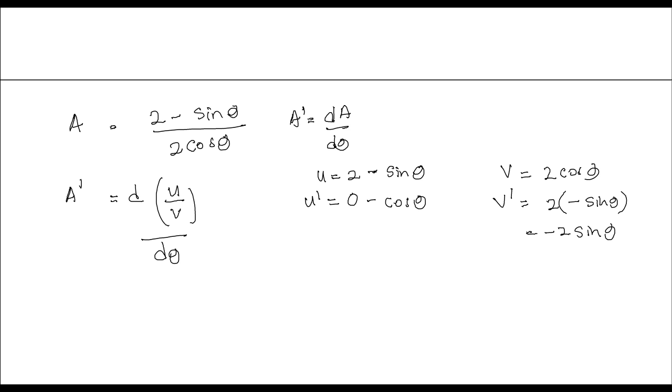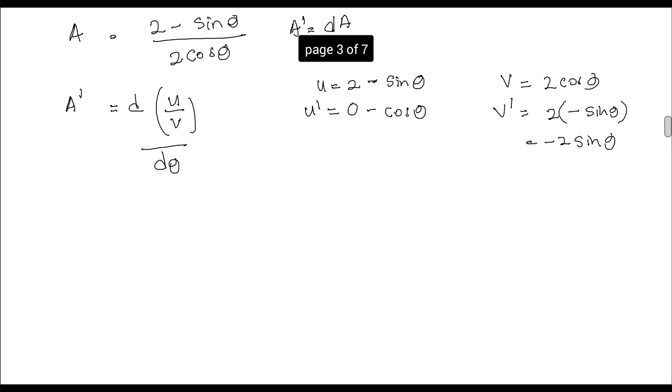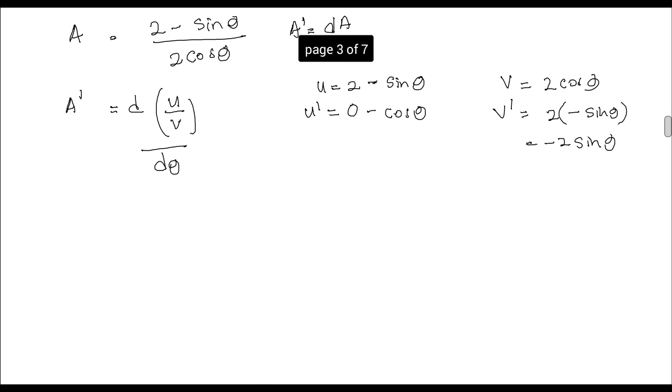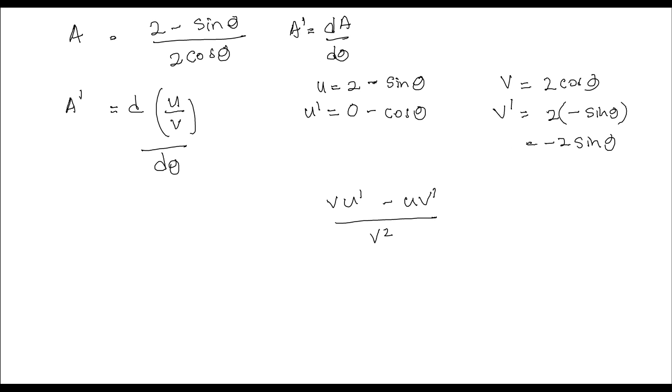Now the differentiation of a division is (u dash v minus u v dash) over v squared. So I just have to sub in these values, which gives me A dash.